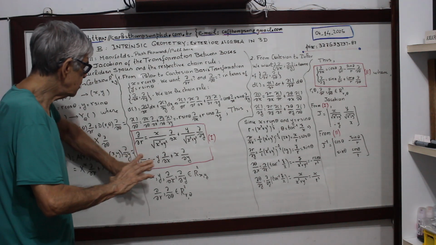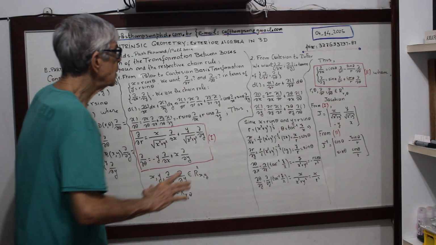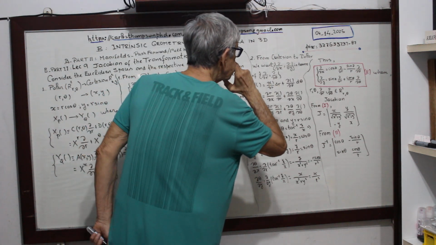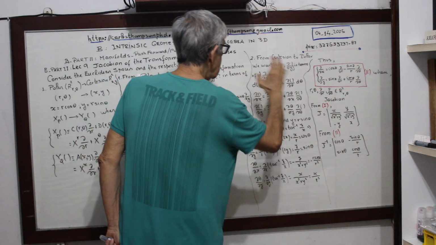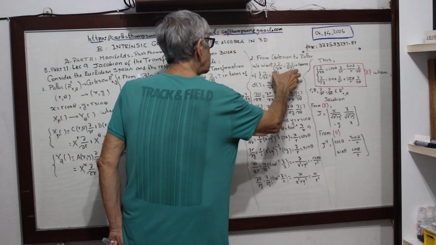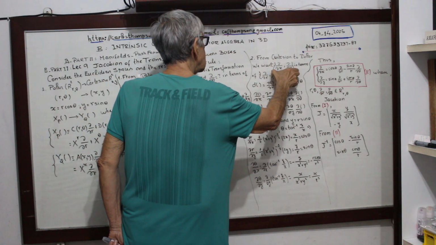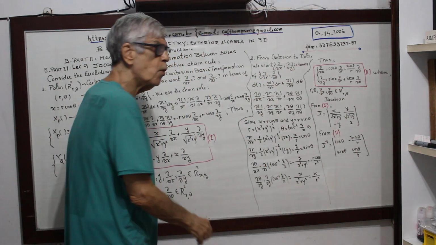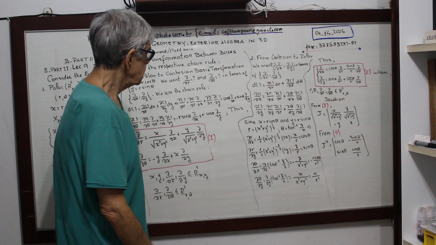Now, the same procedure, now from Cartesian to polar. We want the basis that belongs to the Cartesian in terms of the basis that belongs to the polar coordinates.